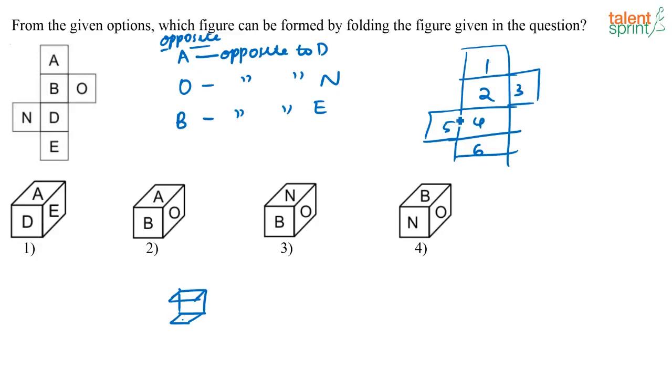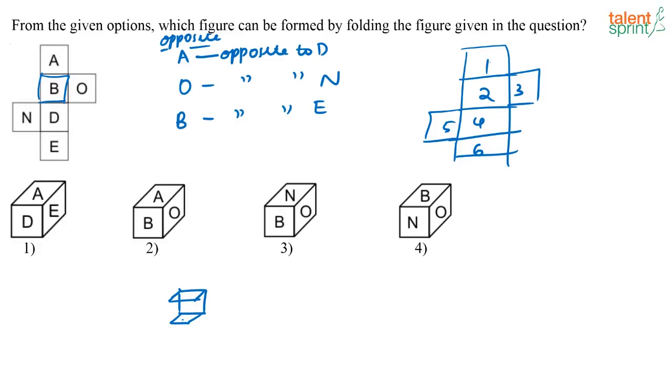Similarly, 3 will be opposite to 5, and 2 will be opposite to 6. If you are getting confused, you can start folding with any one face. Generally, if they are asking which face is opposite to the face B, start with B, consider B as the top or the bottom, and then fold.